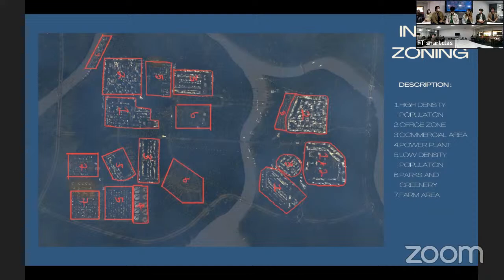We decided to keep the commercial zones and high density population zones close to maximize mobility and the consumption of natural resources from the farm area. We also include a few entrances to our city to maximize the flow of transportation and prevent traffic.